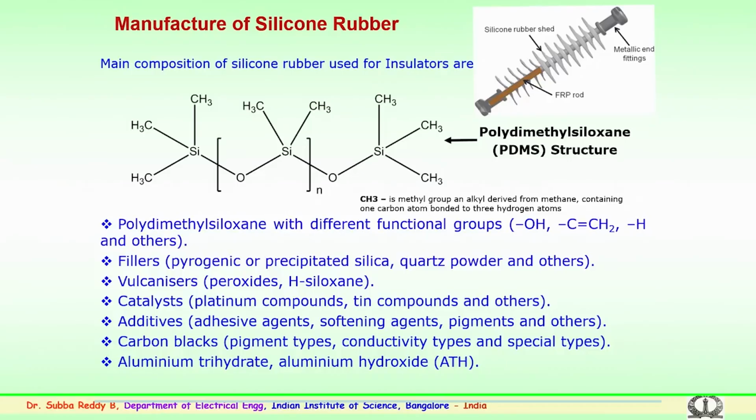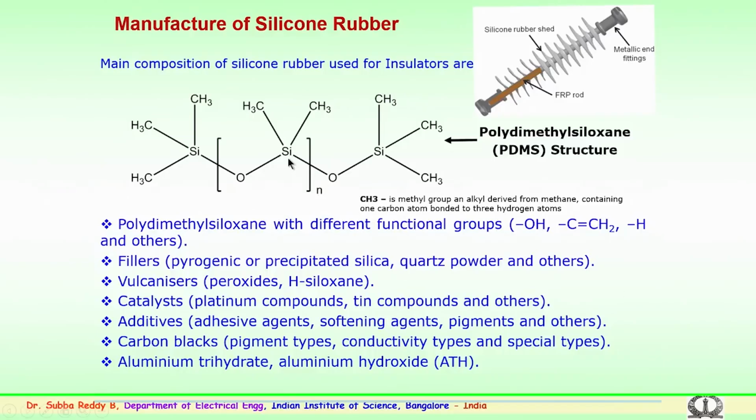This compound, which I mentioned is an organic compound, basically consists of polydimethylsiloxane, known as the PDMS structure. Poly means several chains of this dimethylsiloxane structure, as shown here.